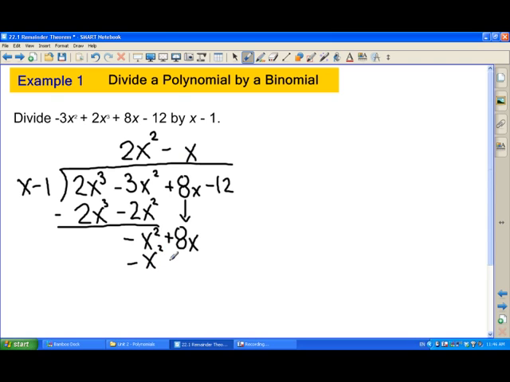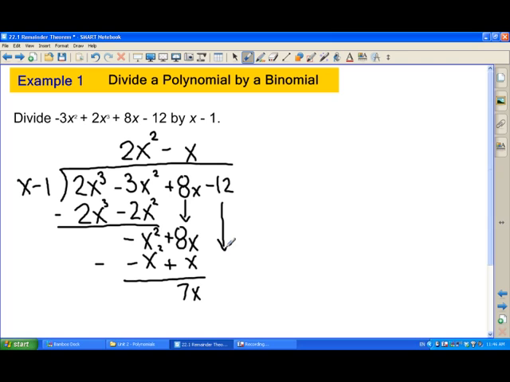Negative x times negative 1 is positive x. And then I subtract. The first two terms are going to cancel each other out. And then I have 8x take away x. So I end up with 7x.